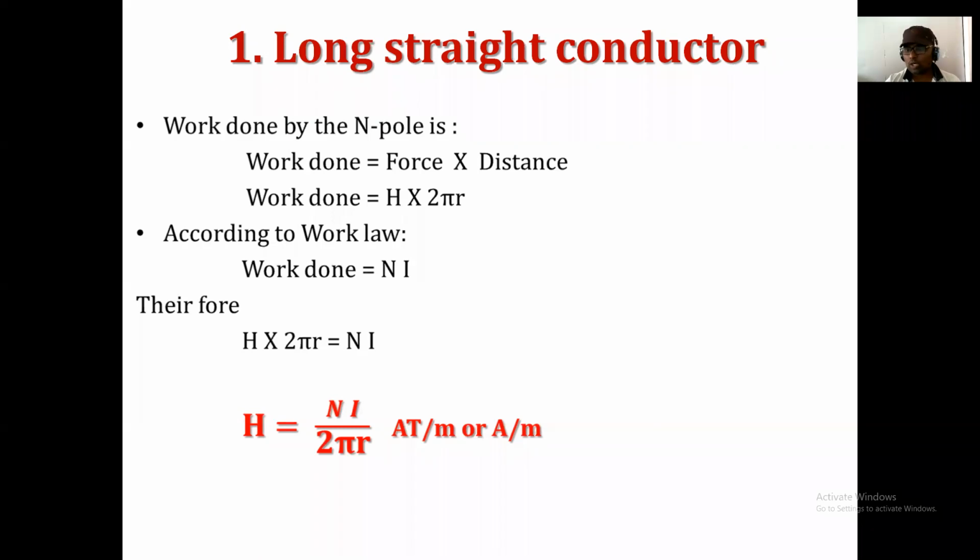But according to the work law, this work done is always equal to N into I. So we can equate these two terms, and we get the formula H is equal to NI upon 2 pi r.